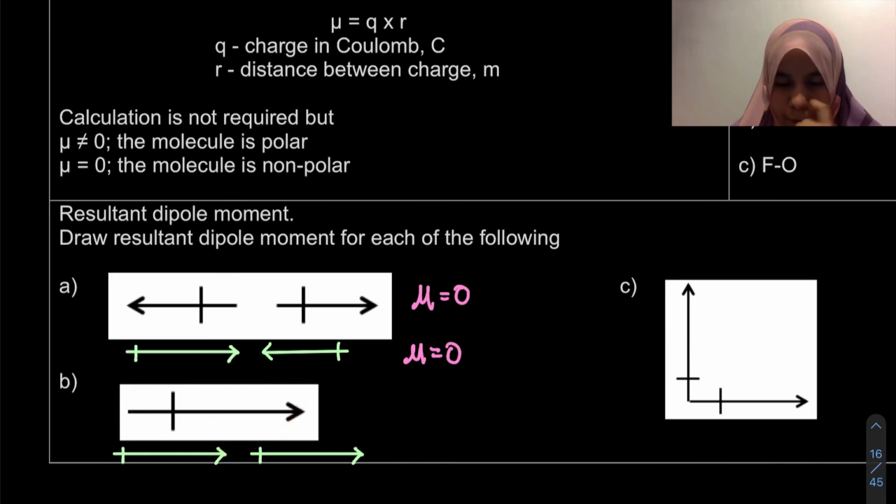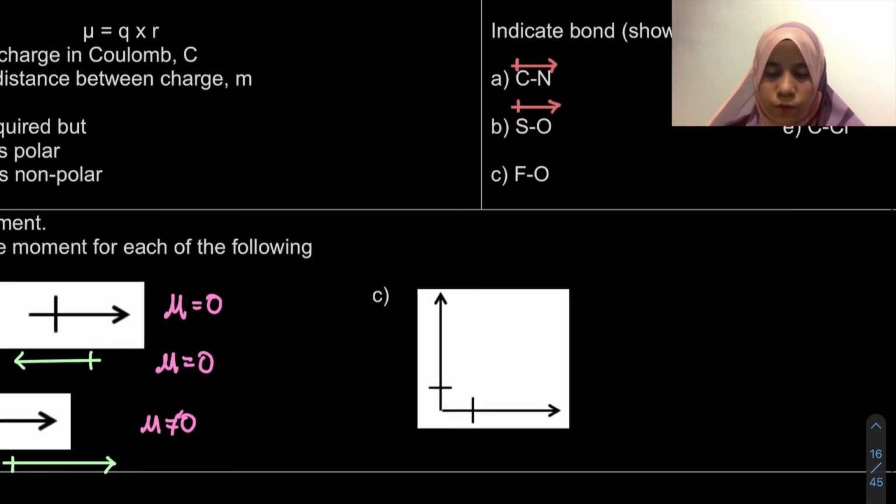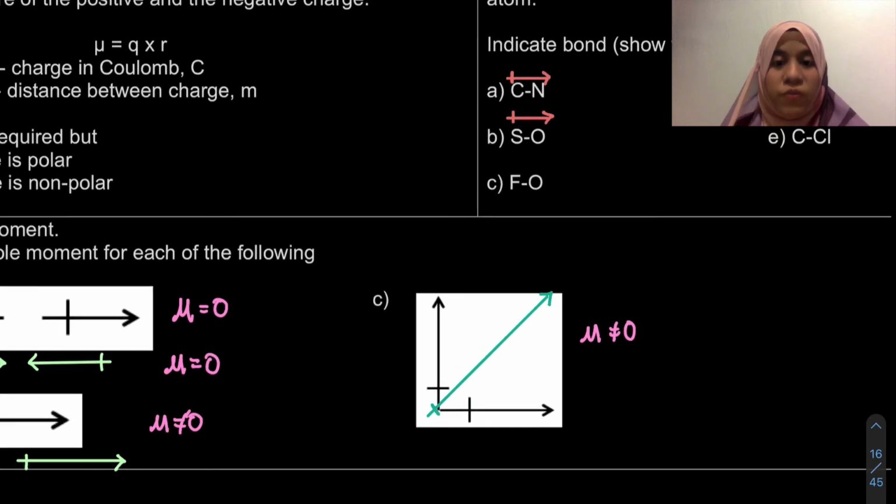So yang ni, mu ni is not equal to 0. Okay. So contohnya example C ni. Okay, satu kita ada y-axis upward dengan x-axis to your right. So what is the resultant dipole moment? Sebenarnya resultant dipole moment kita dekat sini. So this will be our resultant dipole moment. So it actually will not be equal to 0. Okay. So that is actually only the introduction of polarity.